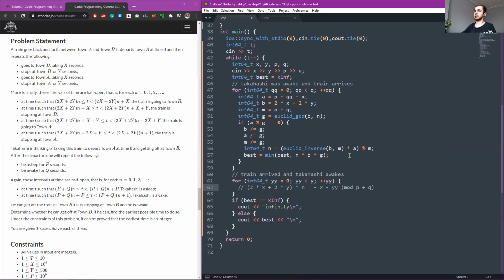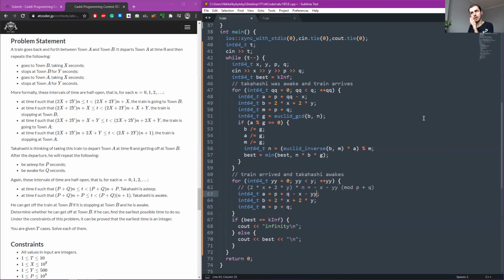We have an equation like this. Let's actually copy this part over here. A is no longer this thing. A is p plus q minus x minus y. No, wait, we should really mod it out because this can be negative and our inverse does not work great with negatives, I believe.